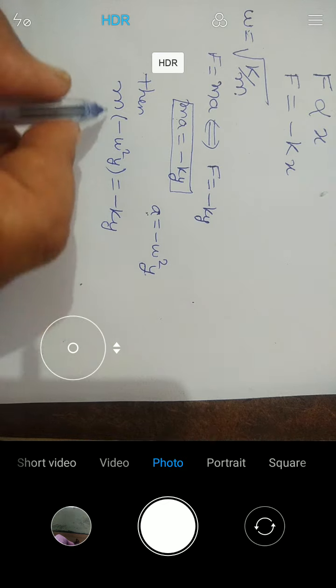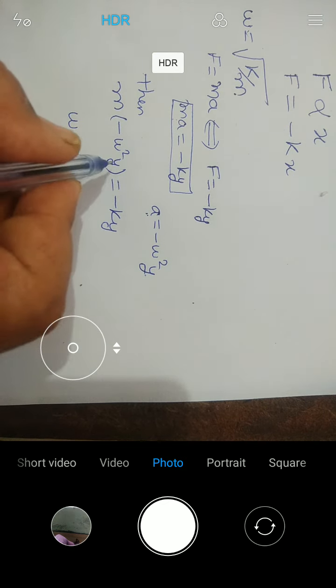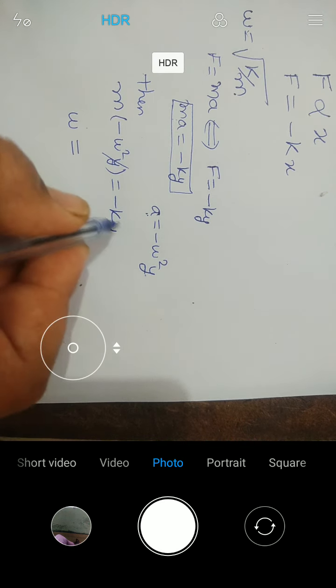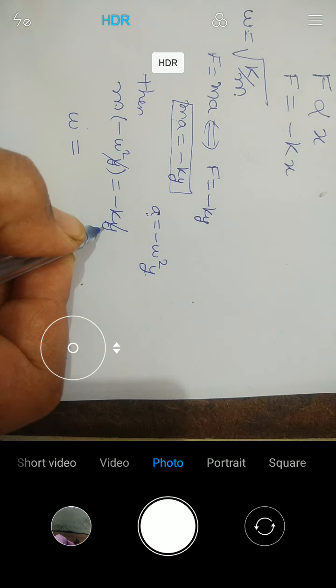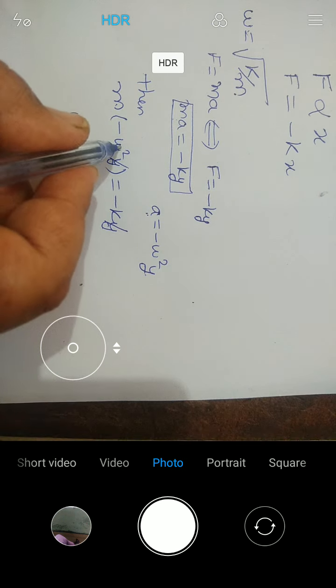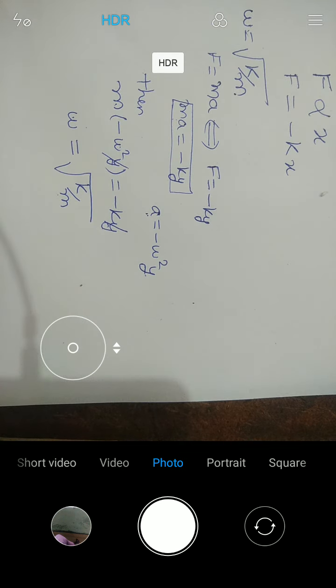So omega square y and the y get cancelled, m goes to the other side, and omega square is k by m, and omega is root of k by m.